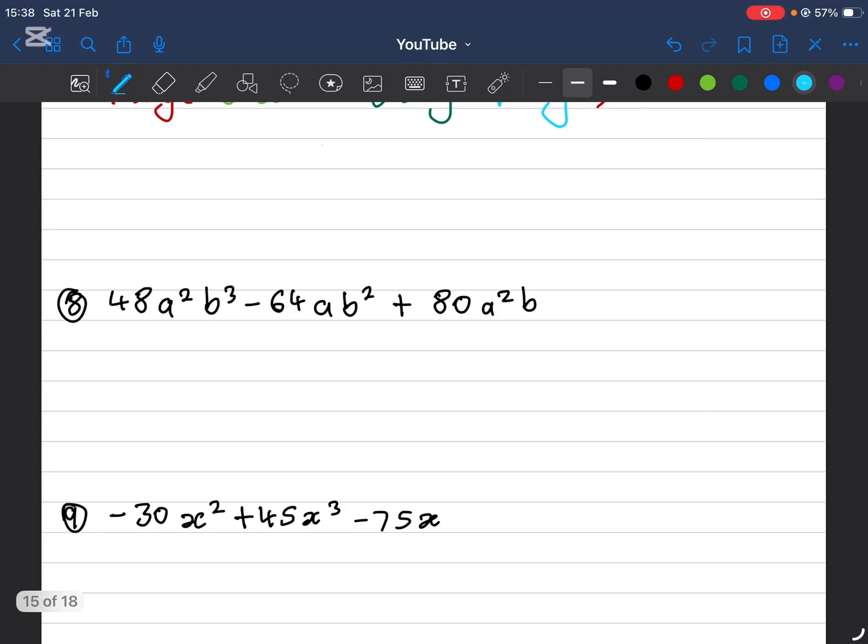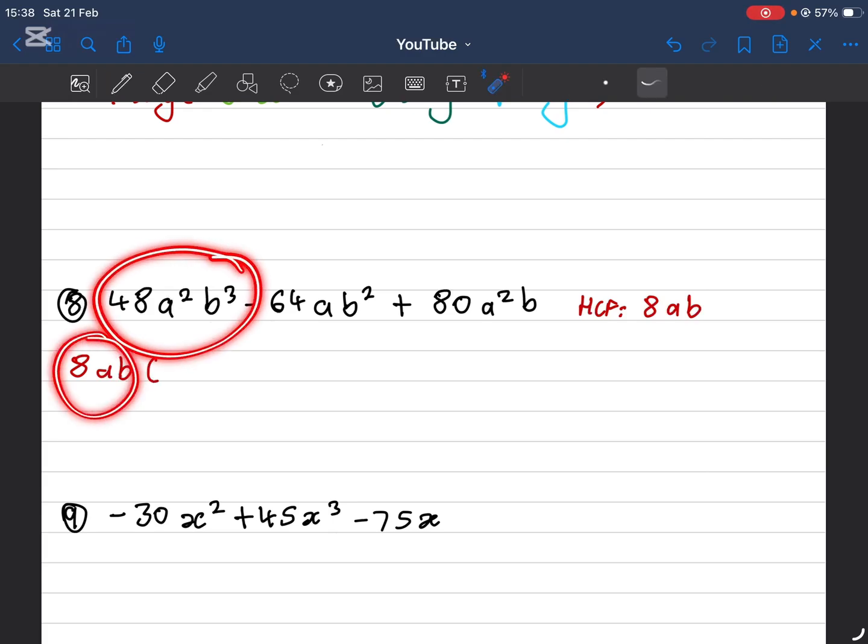For question 8 now. You should have had a minute to go through it, and you should have your answer by now. So in this case, your HCF is going to be equal to 8AB. So 8AB, open brackets, this divided by this.